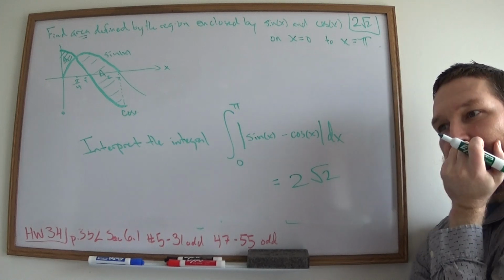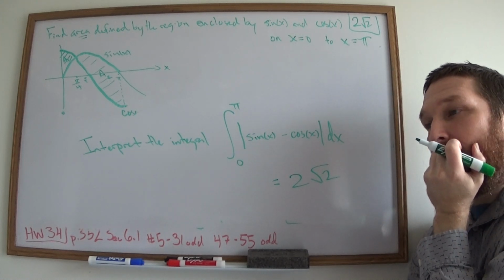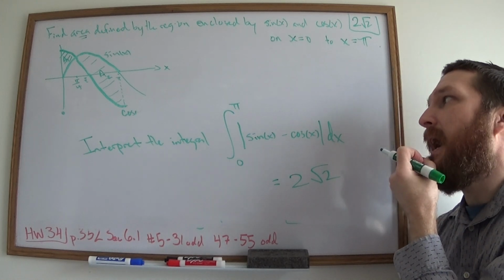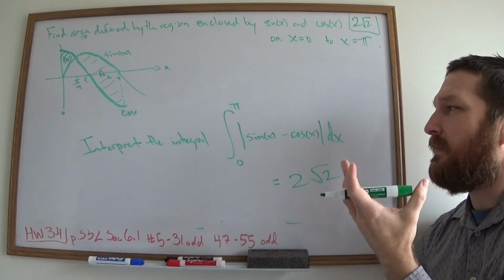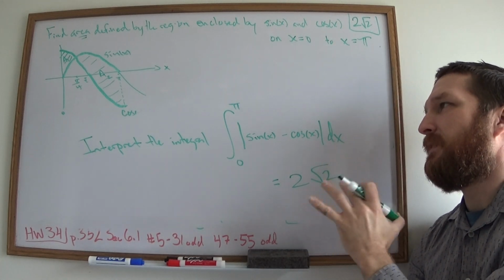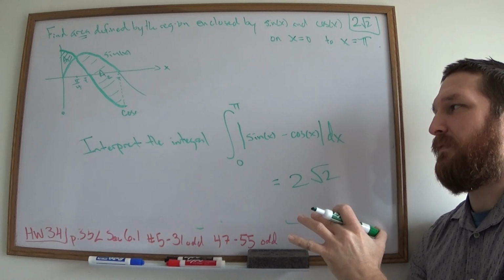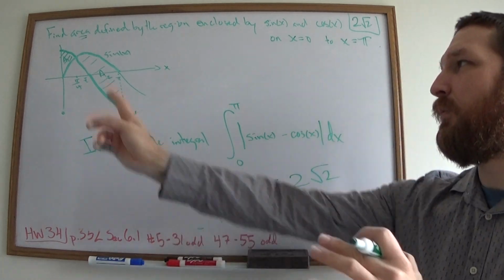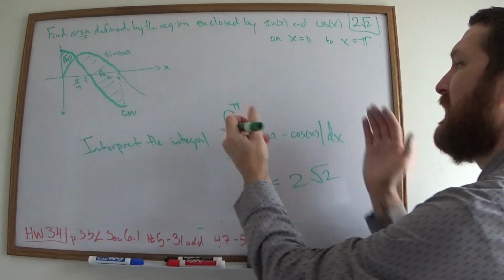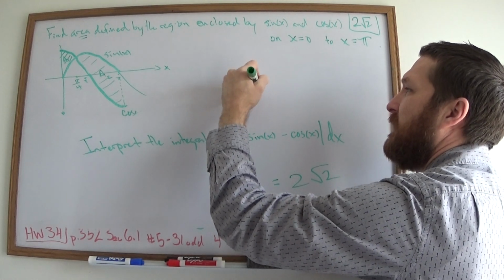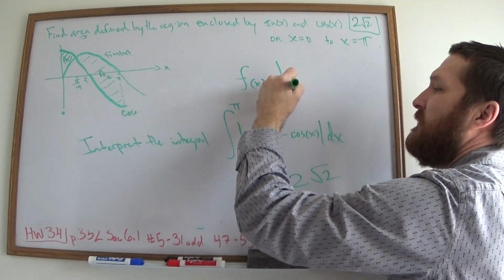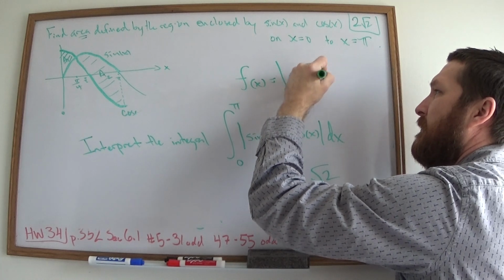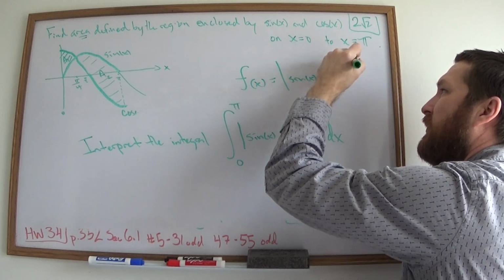Everybody get that? Because we just flip the other parts up. You could graph this and see it looks different. If you were to just graph the absolute value, nothing would come down below this. Like if you said, here's your function, and it's equal to the absolute value of sine x minus cosine x, it's going to look different.